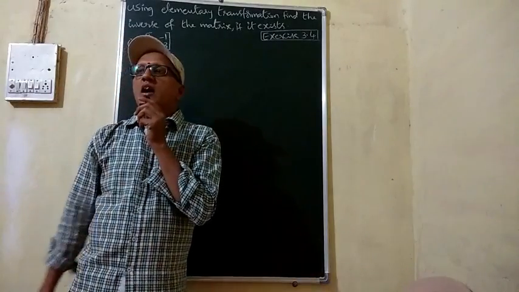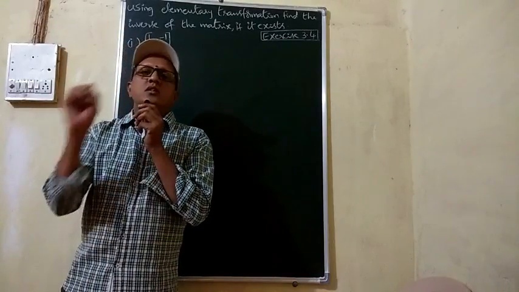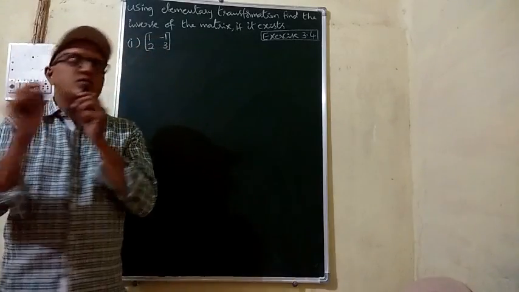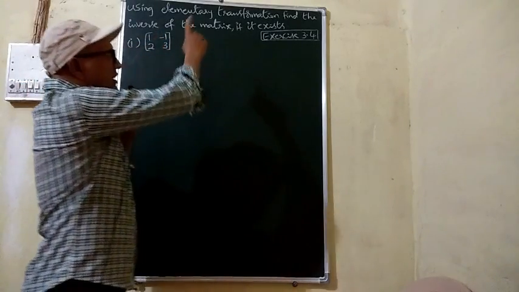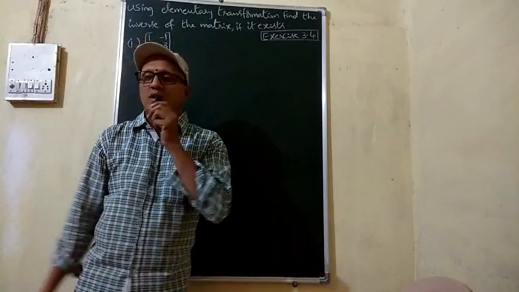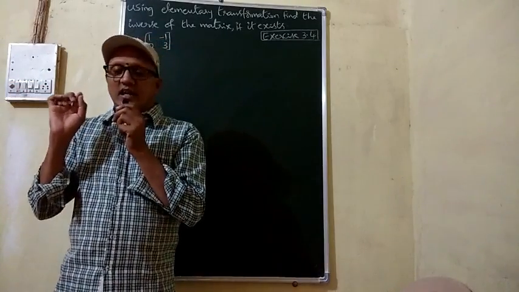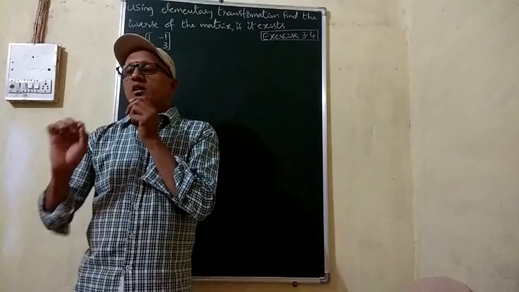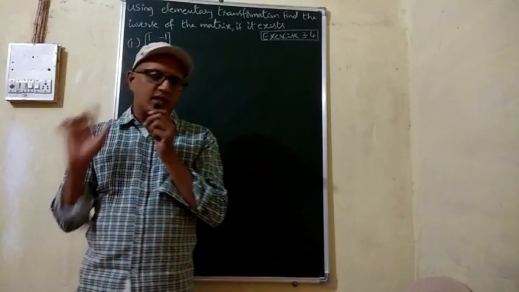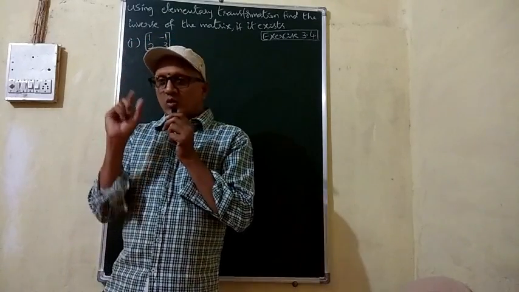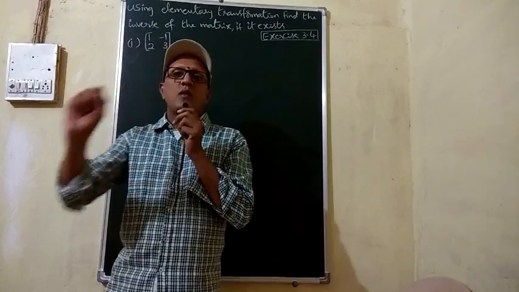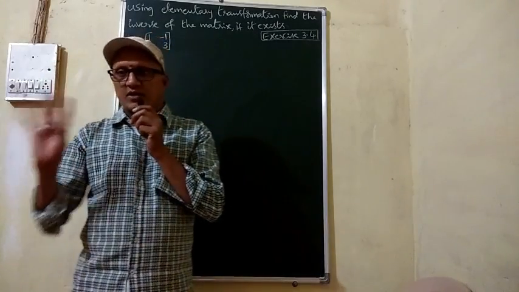If the question asks us to use column operation, column transformation, or elementary column transformation, then we have to use column operation only. If they mention row operation, we use row operation.